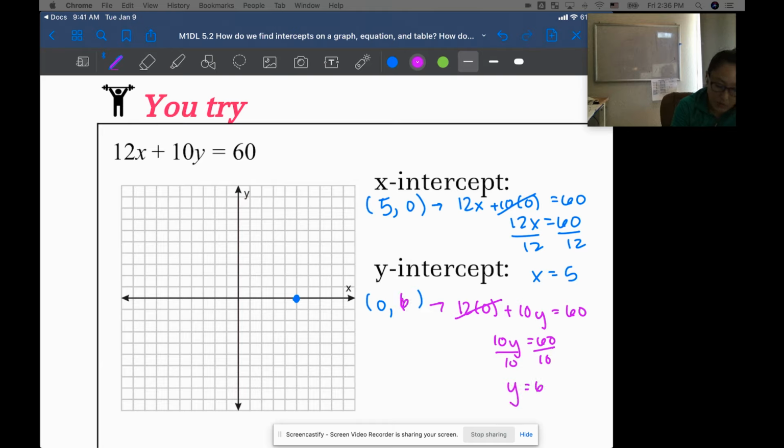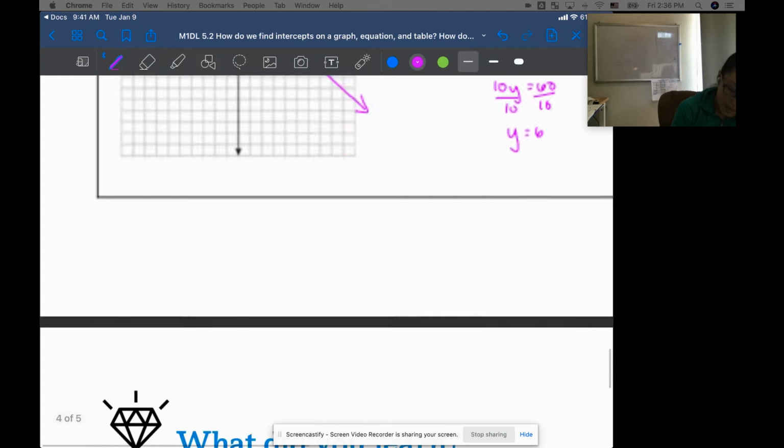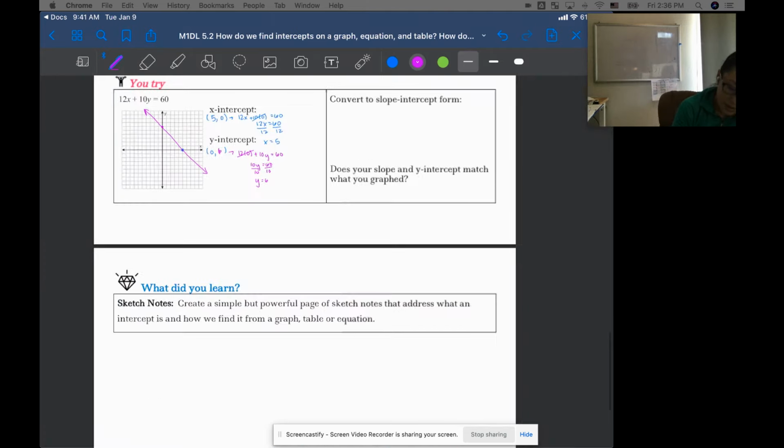So I have a y-intercept at 0, 6. So 1, 2, 3, 4, 5, 6. And once I have that, I can connect these. That was not super pretty, but ideally you'd have a ruler. I don't have a ruler with me right now on my iPad. Okay. And so that is that.